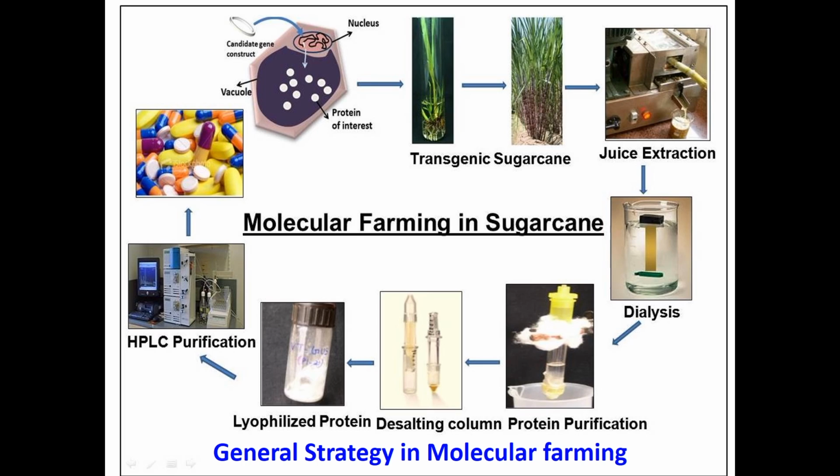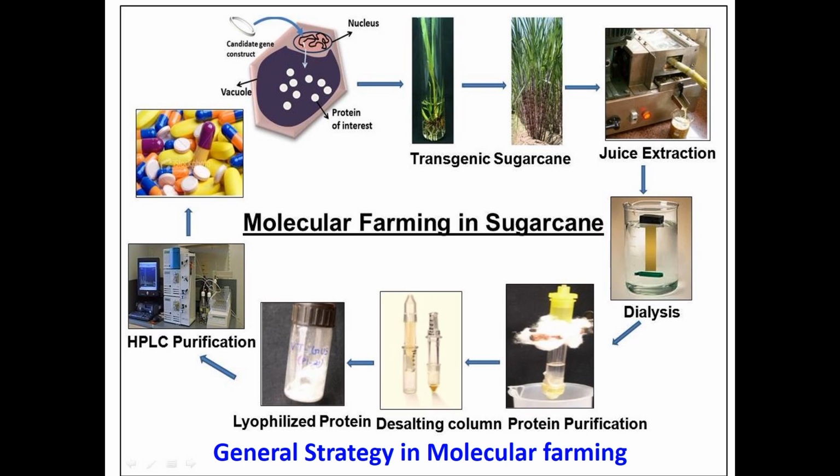This is the primary product. Sugarcane is used for extraction of sugar. From the juice, sugar crystals are developed. So in addition to this production of sugar in the sugarcane vacuole, to increase the benefit to the farmers, we can also additionally produce some biomolecules within the same vacuole.